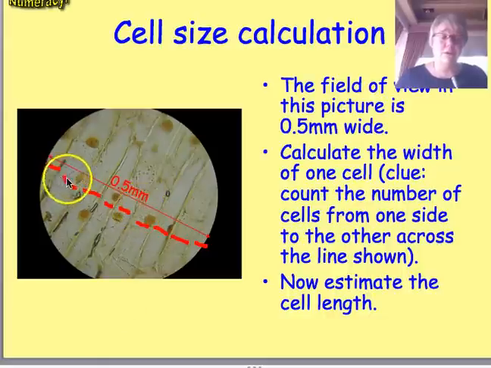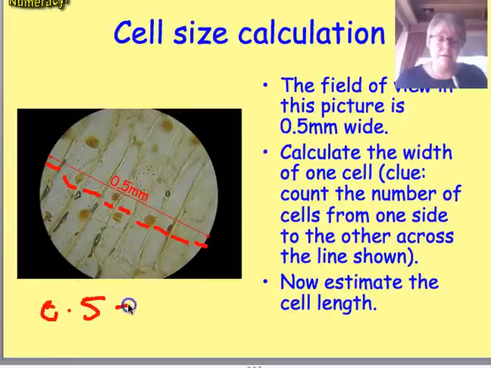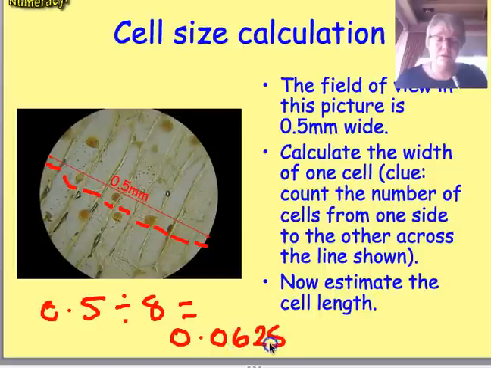To work out what the width of one cell is, you would just divide 0.5 divided by 8, and that will give you the answer 0.0625 millimeters. So each individual cell is 0.0625 millimeters in length.